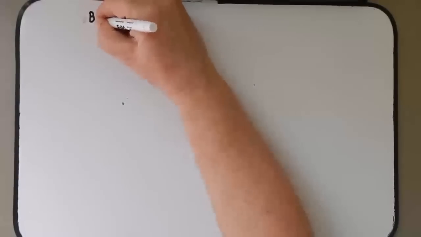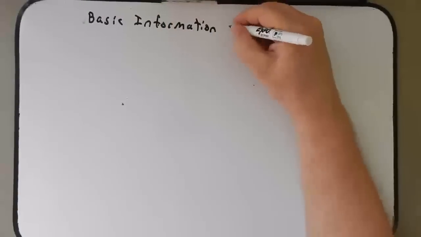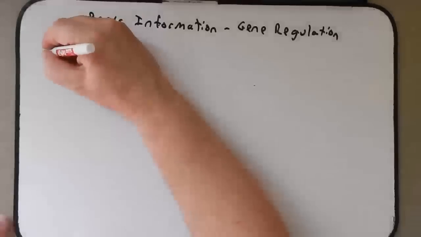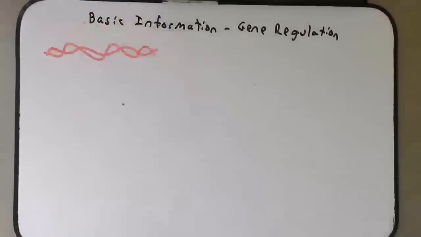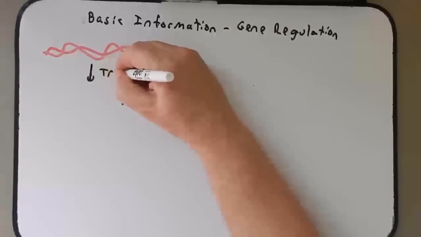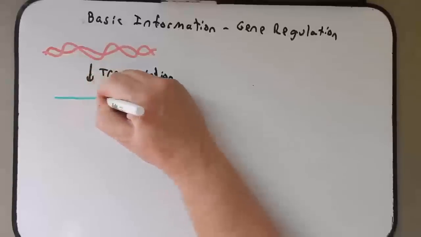Okay, let's talk about some of that basic information as it relates to gene regulation. If you remember in the last several podcasts, we've talked about something that we call the central dogma. And remember, the central dogma takes DNA, and through the process of transcription, makes RNA.